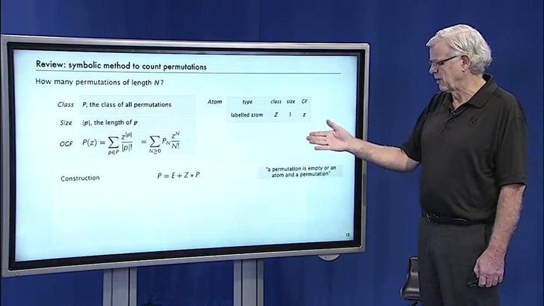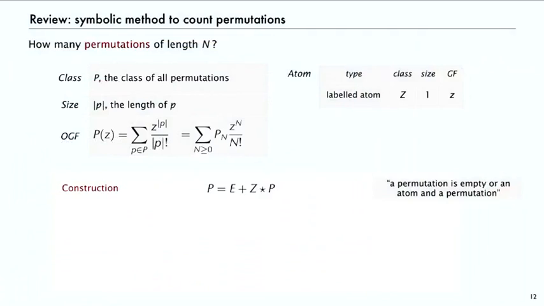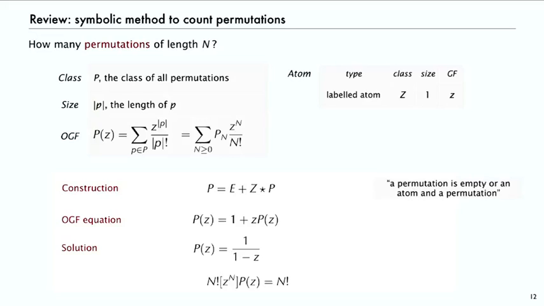The combinatorial construction that creates permutations says that a permutation is either empty or it's a star product of an atom and a permutation. And that transfers immediately to the OGF equation, 1 plus z P(z), and that has a solution 1 over 1 minus z. And then the coefficient of z to the n in that is n factorial.